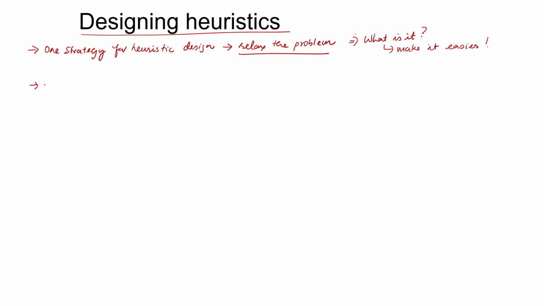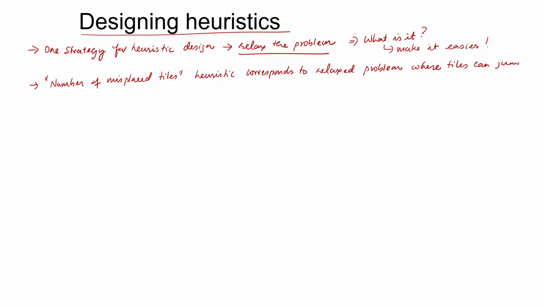So, an example is the number of misplaced tiles heuristic, which corresponds to a relaxed problem where tiles can jump to any location, even if someone else is already there.